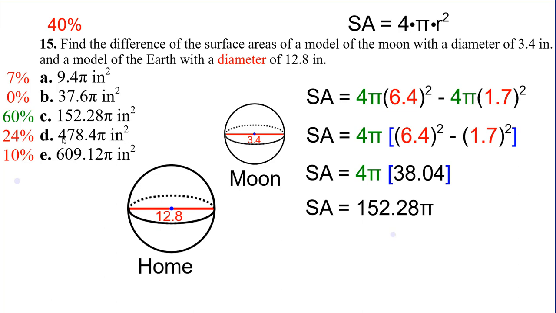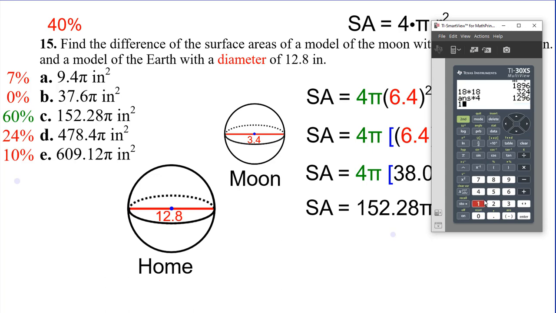The other answers: one might have been if you forgot to use these as the radius and you did the diameters, or perhaps one of them is if you actually multiply the pi as well. Actually, let me check that theory real quick. So the 152.28, and then if we actually multiply that by pi, I think that's what this one is, then convert it to a decimal.